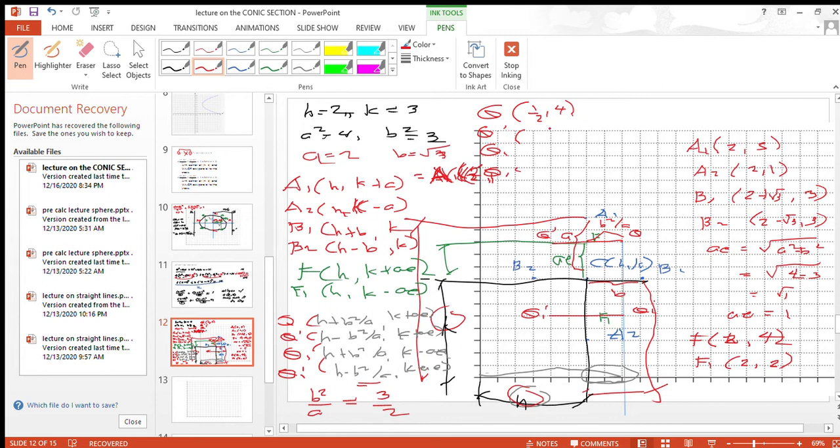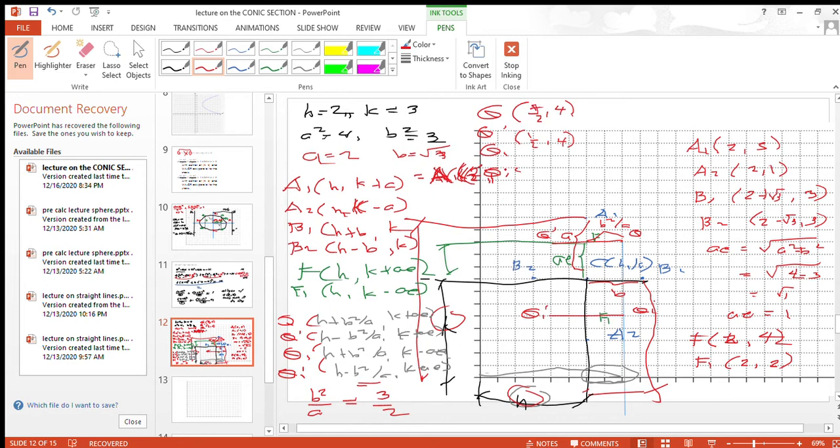So, dito dapat yung 1/2. Q is H plus B squared over A, 2 plus 1 and 1/2, that's 3 and 1/2. So that's 7 halves, or 3 and 1/2.